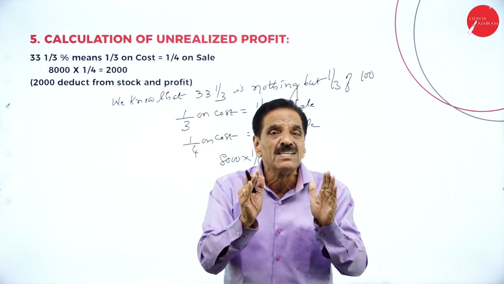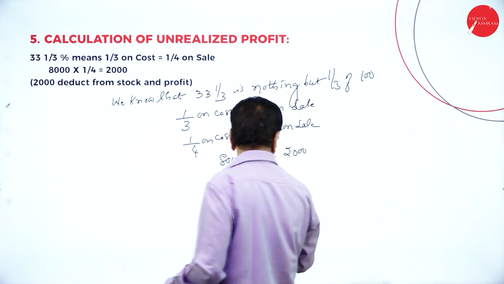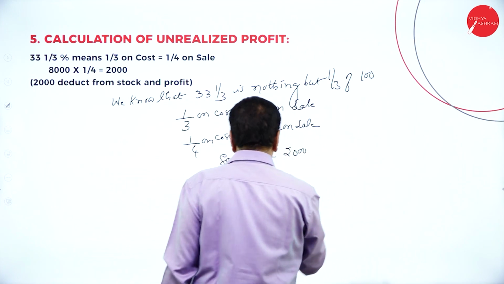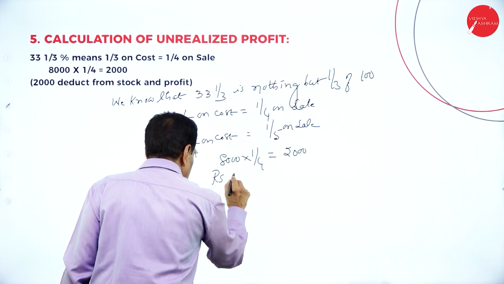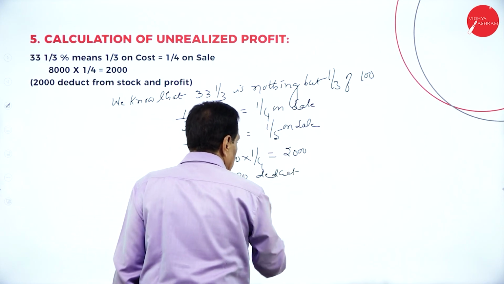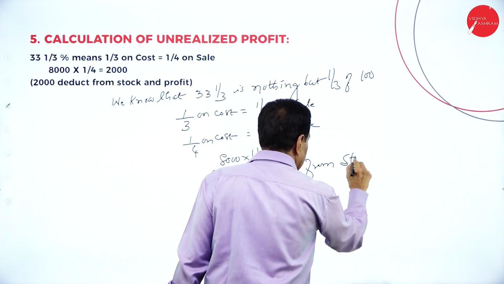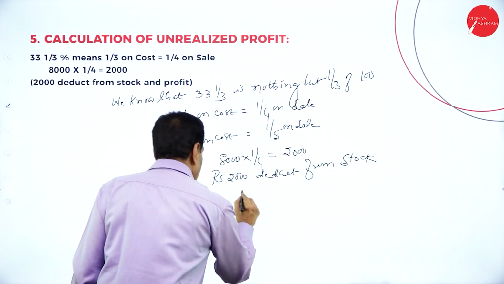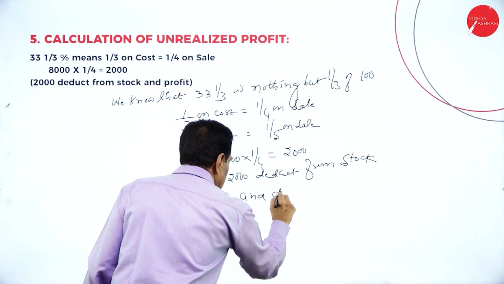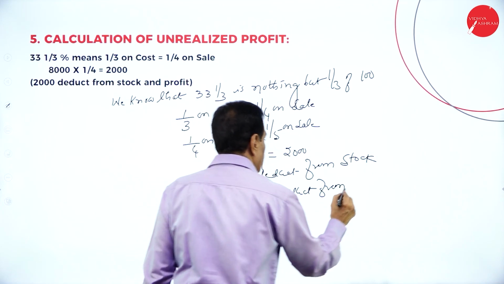They are one and the same, so the profit should not be taken into account. The 2,000 should be deducted from stock and deducted from profit and loss.